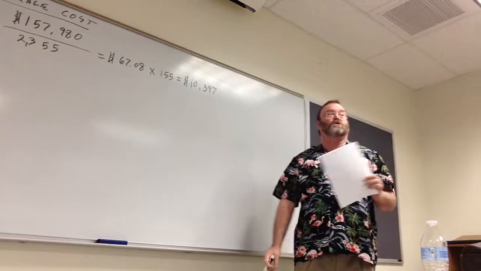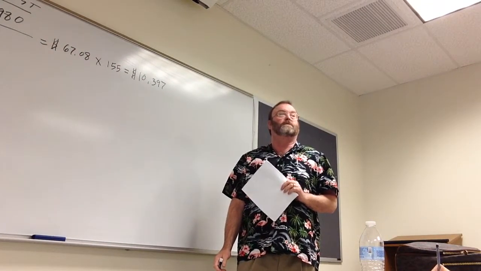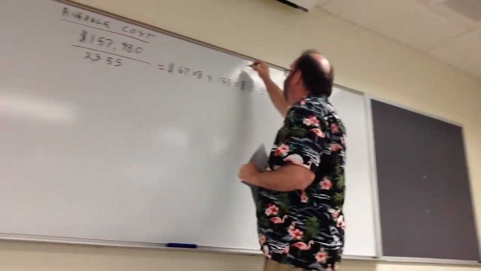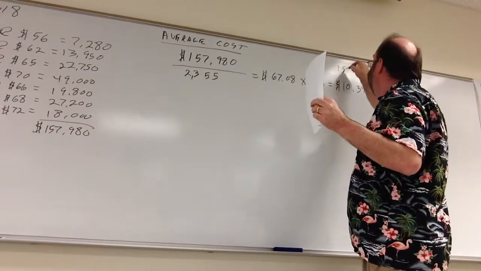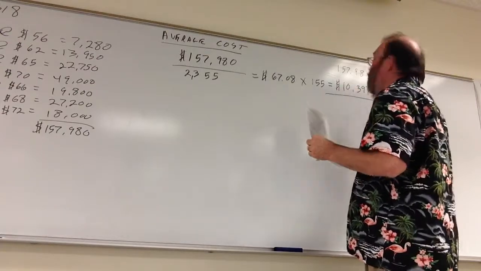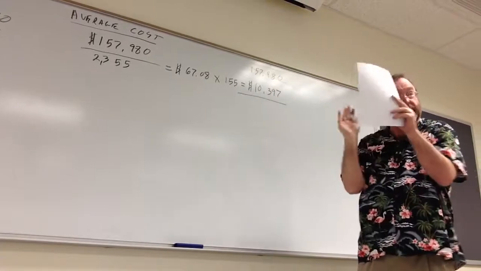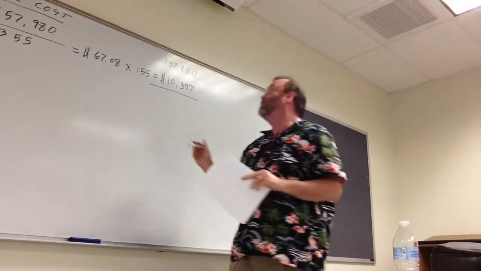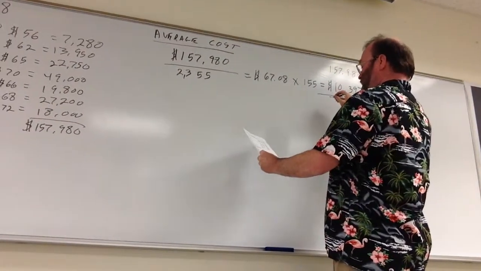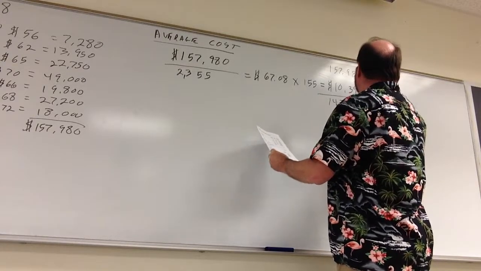So what's cost of goods sold? Exactly. If you take the $157,980 total cost of goods available for sale, subtract what you still have in the warehouse, you will get cost of goods sold of $147,583.